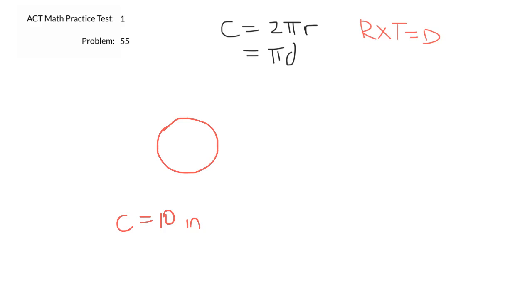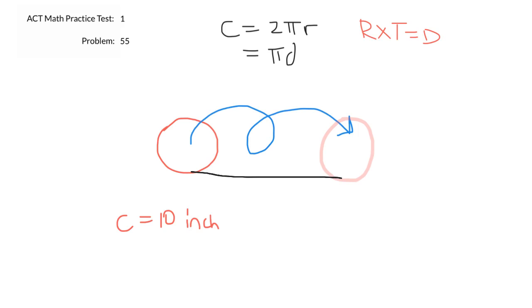Now this has nothing to do with the actual problem as far as the numbers, but the concept definitely applies. So imagine the circumference is 10 inches, meaning it goes 10 inches all the way around. Well, if you do a full revolution of the wheel and you end up here, and it's just a single revolution, well, you have just traveled 10 inches.